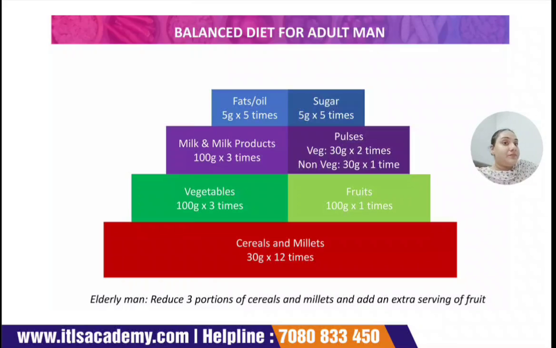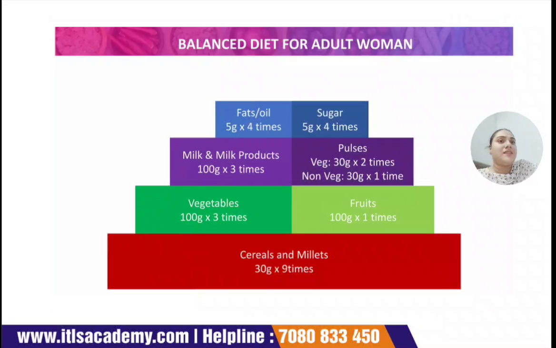Then pulses 30 grams, vegetables 100 grams, fruit 100 grams, and cereal 30 grams. This is for the adult man, I'm not talking about the elderly man. For the adult woman it is different again. So depending upon gender and age, the balanced diet changes.